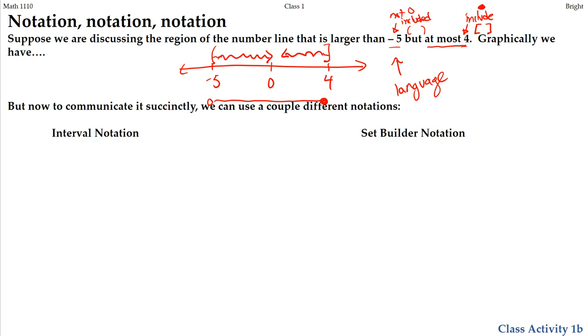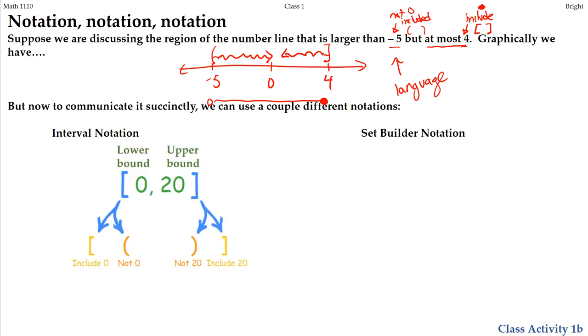Okay, so here we go. There are 2 different forms that we can express this in: interval notation and set builder notation. Generally, interval notation is going to be okay. If set builder notation is required, it will explicitly say using set builder notation. Interval notation looks like this. You're going to have your lower bound, comma, your upper bound, and then you're going to enclose that using either the square brackets or parentheses that I mentioned earlier in the graphical form.